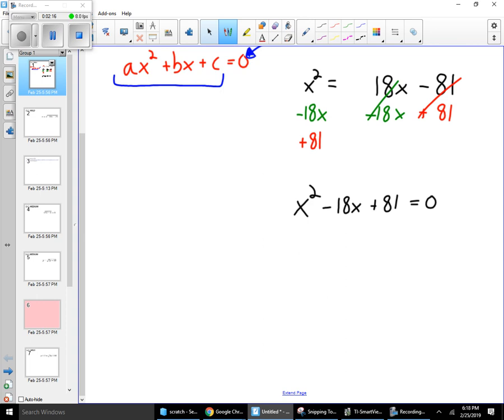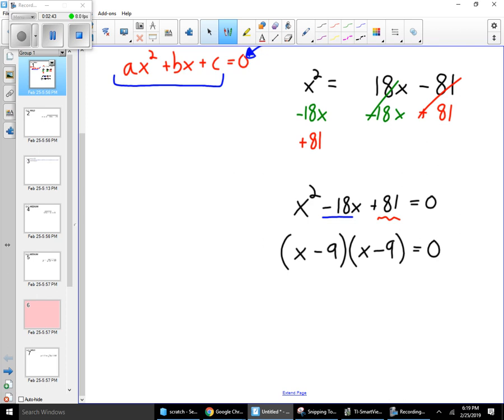Again, we have options here for how to solve this, but factoring is going to be quicker. I need two numbers that multiply to 81 and add to negative 18. If you need a primer on factoring, I can upload an additional video for that. Just let me know. As far as this one, two numbers that multiply to 81 and add to negative 18, well, that's going to be negative 9 and negative 9.